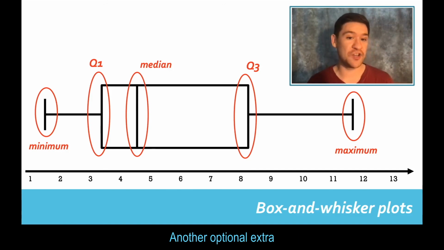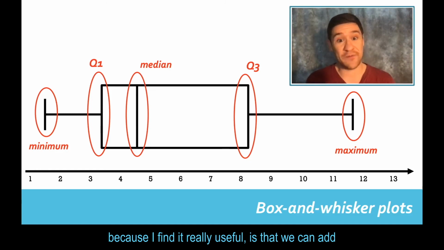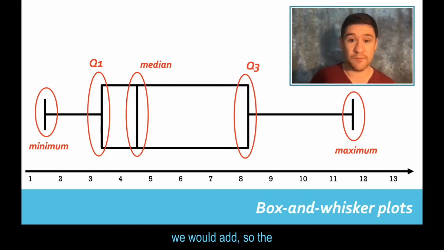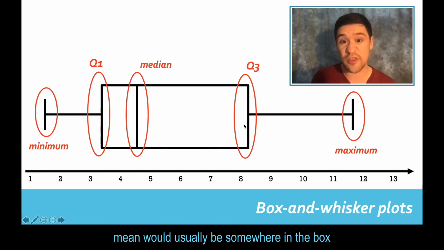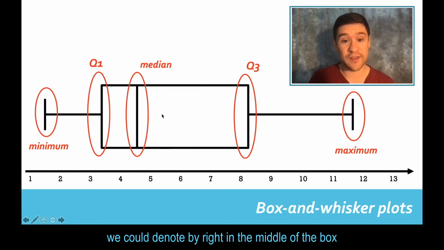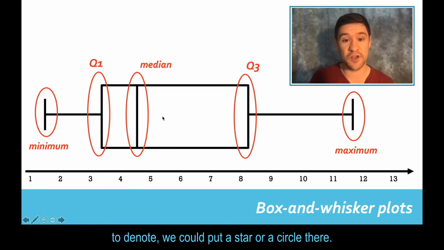Another optional extra which you see, and this is something I do a lot because I find it really useful, is we can add the mean to this. The mean would usually be somewhere in the box, so say about here. We could denote the mean right in the middle of the box, along the x-axis where it's meant to denote, with a star or a circle there.